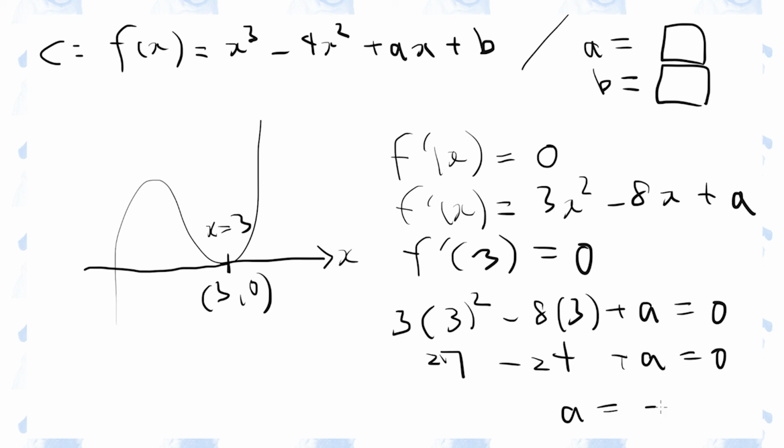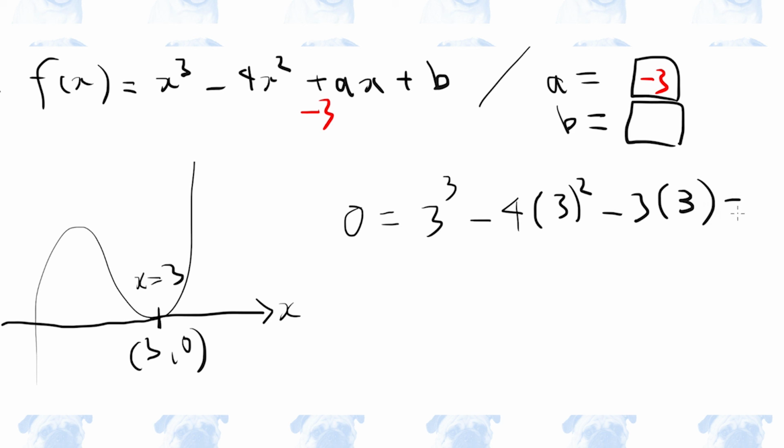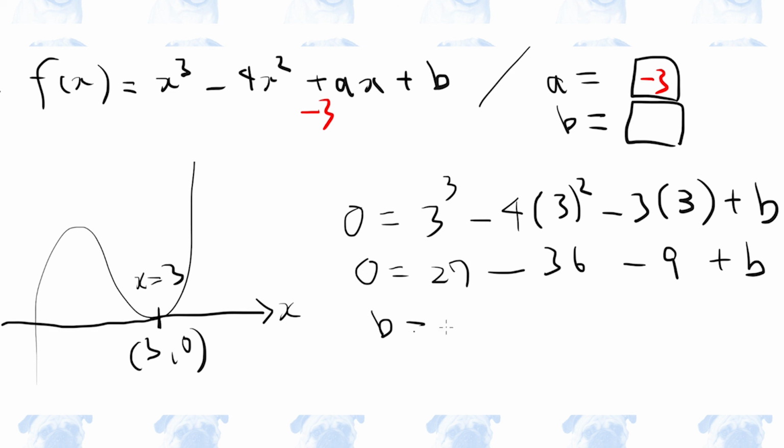So a must be minus 3. And we know the coordinates of this point, 3, 0, which we can substitute into this function. 3 cubed minus 4 times 3 squared minus 3 times 3 plus b, and then solve this equation for b. b is 18.